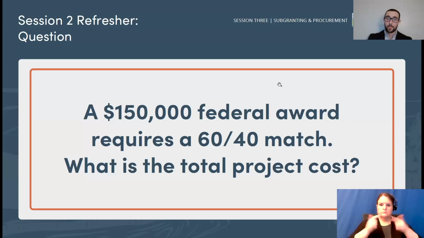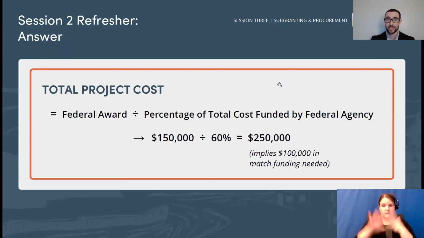Okay. With a federal award that requires a match, we take the amount that they are covering, the percentage that they are covering, and we take the federal award and divide it by that percentage. So we would do 150,000 divided by 60%, which gives you $250,000. What that means is they're covering 60% of the project, and the other 40% needs to be covered by you.